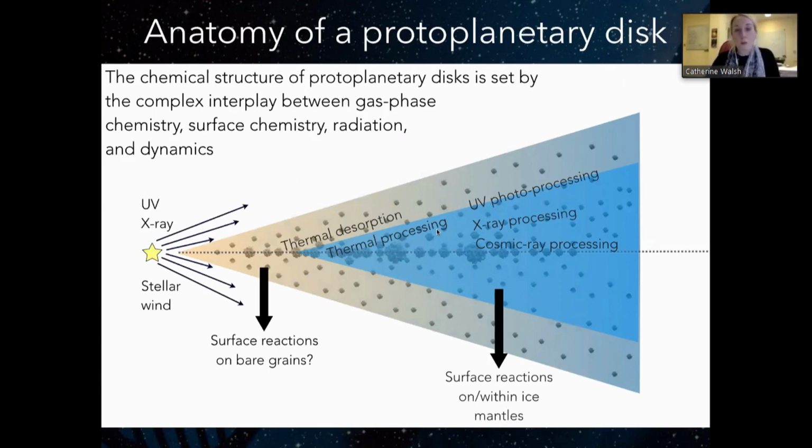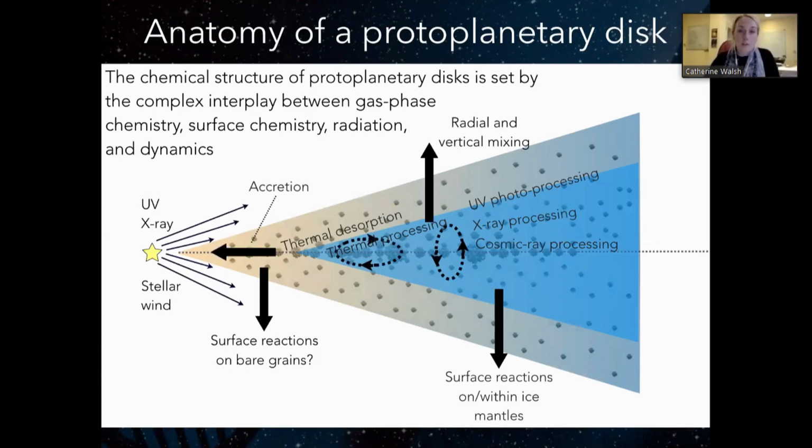Thermal processing, once our dust grains and ice mantles have warmed up sufficiently close to the star. In the outer regions of the disk, we can get processing through non-thermal processes such as UV photons, X-rays, and perhaps even cosmic rays. So we have this complex interplay between gas phase chemistry, surface chemistry, and all these different radiation sources that we have in the disk as well.